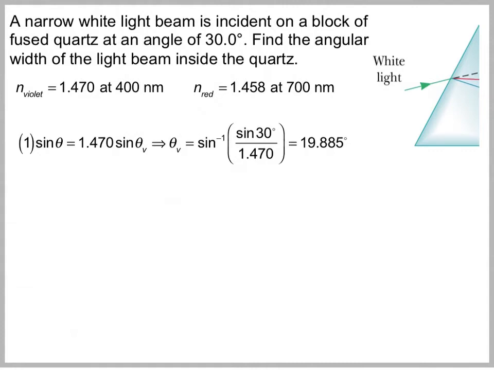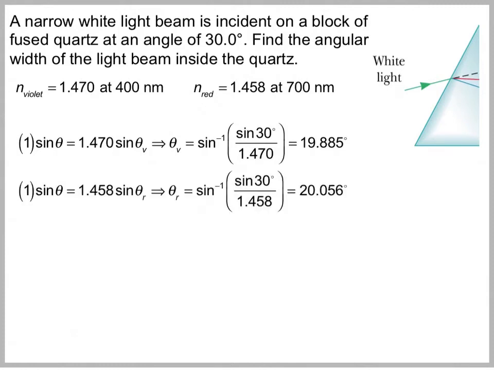Solving for theta violet, we get 19.885 degrees. We repeat with red, and if we plug all our numbers in for red, we get 20.056 degrees. So for our angle of dispersion, we subtract the two, and we get 0.171 degrees. That's the angular width of the beam inside the quartz.